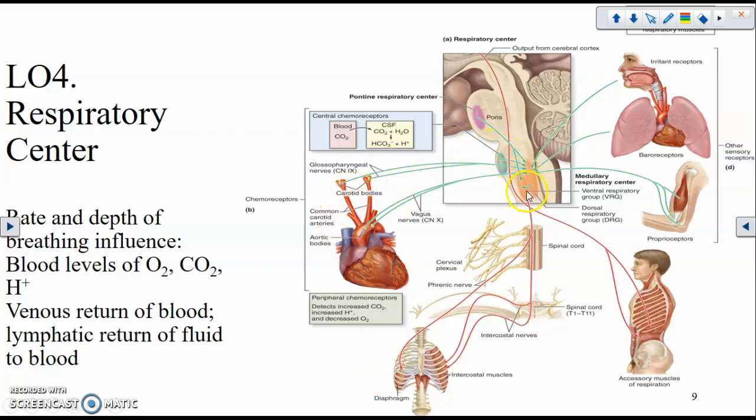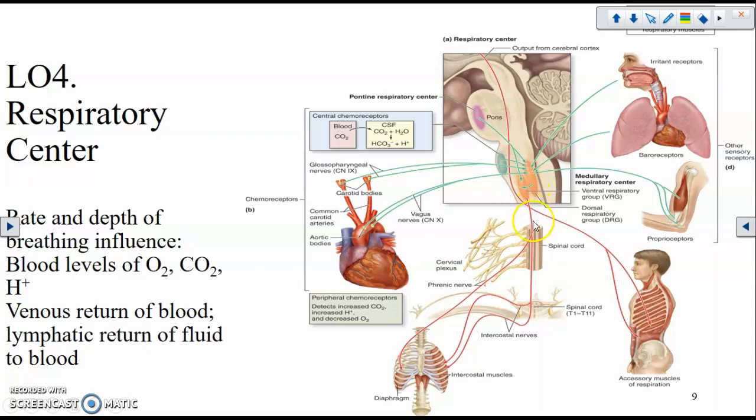During normal breathing, the VRG sends a 2-second stimulatory response via neuron to your two muscles of quiet breathing, the external intercostal muscles and your diaphragm. As the neurons from your VRG fire for 2 seconds, a feedback loop then inhibits the same neurons from firing, which lasts for approximately 3 seconds, for a cycle of about 5 seconds.